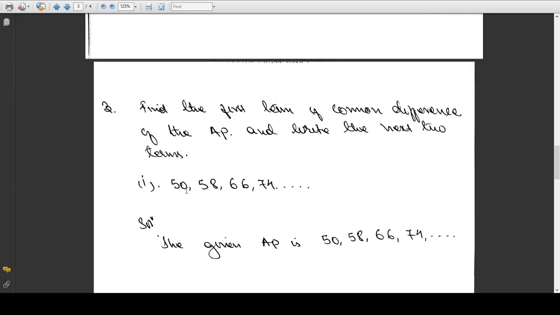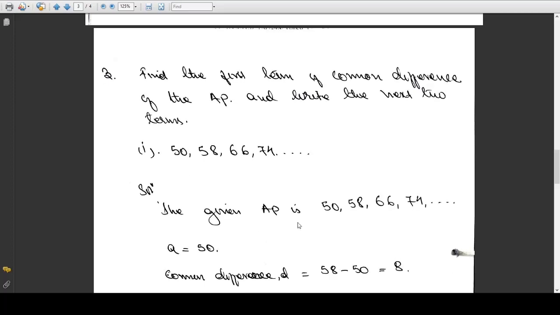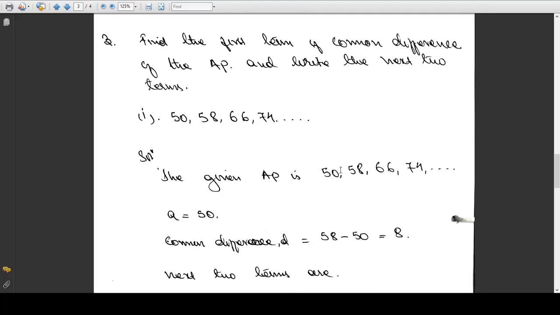Now in this given AP, the first term is 50, the second term 58, the third term 66, the fourth term is 74. Here the first term is how much? It is 50. The common difference is 58 minus 50, which is 8.